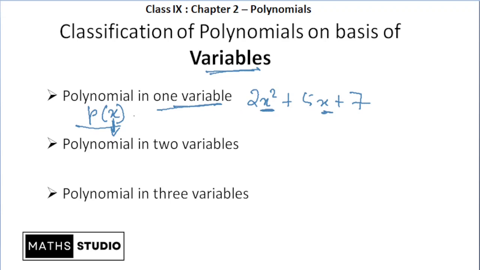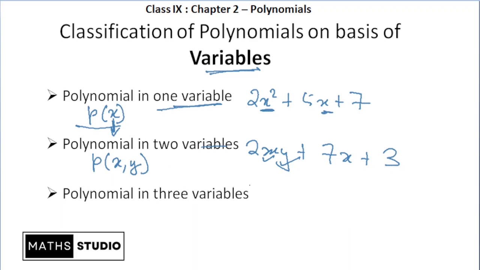Okay, so if there were two variables involved, let us take another example, say 2xy plus 7x plus 3. In this case, there are two variables involved. X is there, y is there. So here we will write it as p of x comma y. Got it?